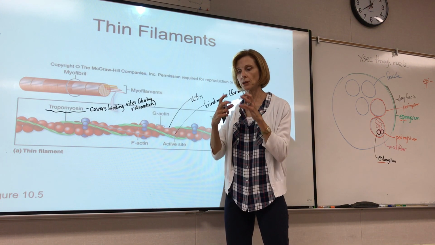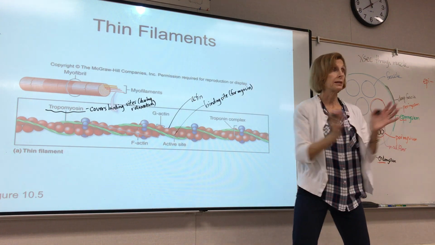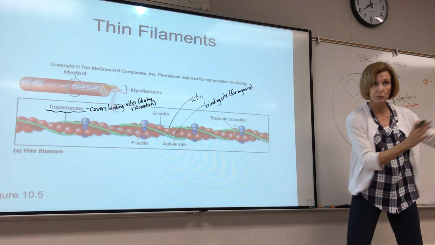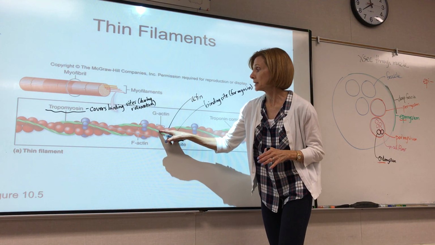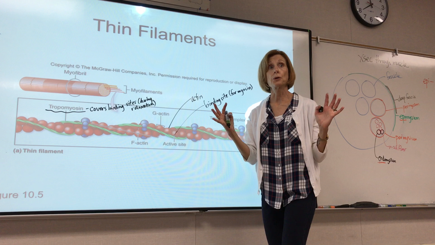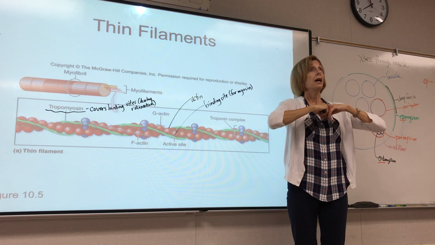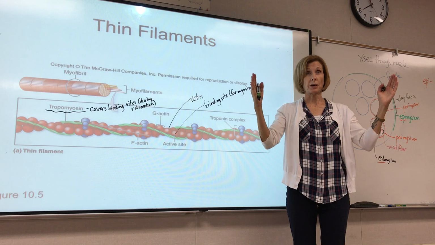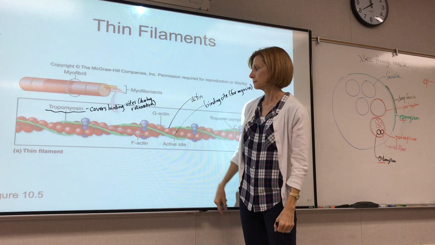It forms a larger molecule that literally shoves tropomyosin over, so it's no longer on these binding sites. The binding sites for myosin are exposed. Myosin automatically binds. And we'll talk about what happens when myosin binds. The little heads will bind to the binding sites.